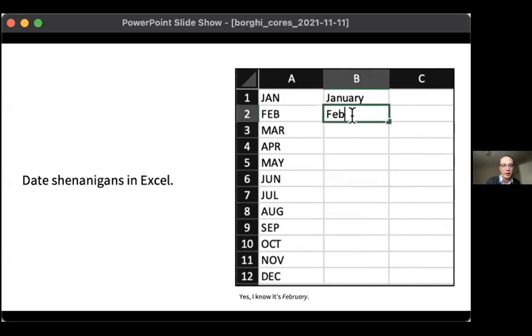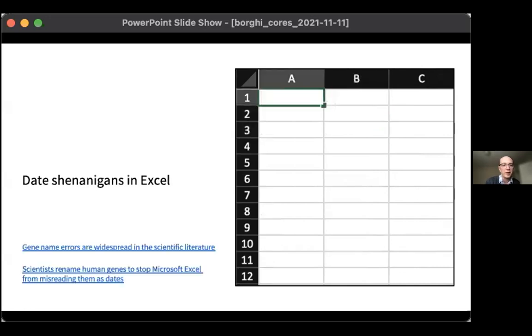This is mostly a humorous sort of error, but this is an actually pretty substantial error where Excel will change gene names into dates. This has been reported for probably over a decade, maybe longer than that now, that gene name errors are widespread because of this correction.